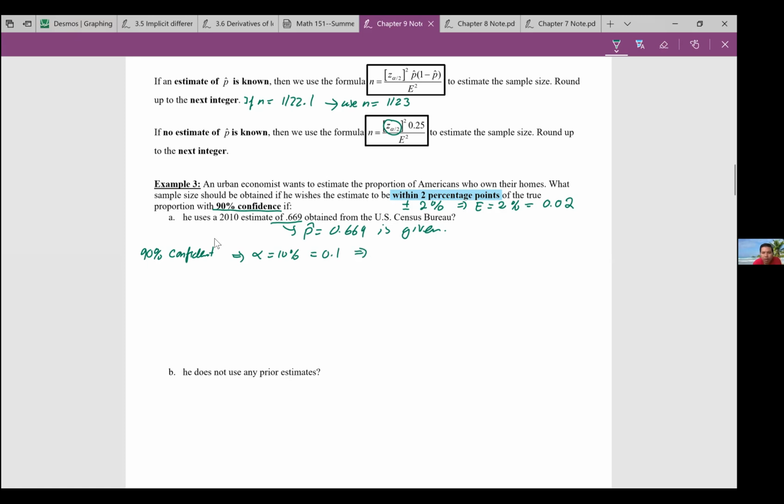Therefore, alpha over 2 will be 0.1 over 2, which is 0.05. So Z alpha over 2 will be equivalent to Z of 0.05. And this gives us inverse norm of 1 minus 0.05, comma 0, comma 1.